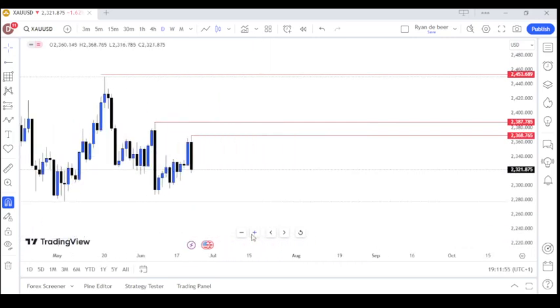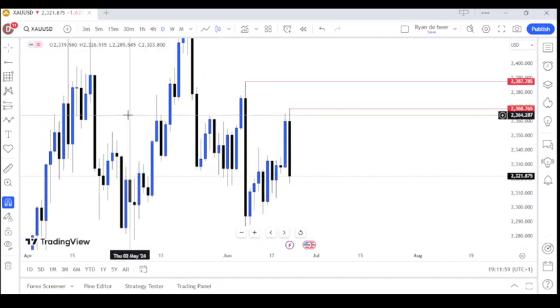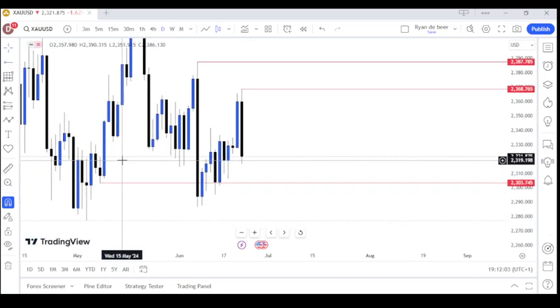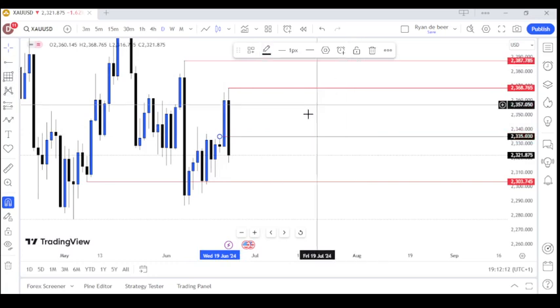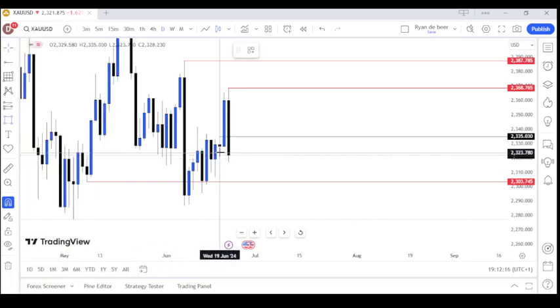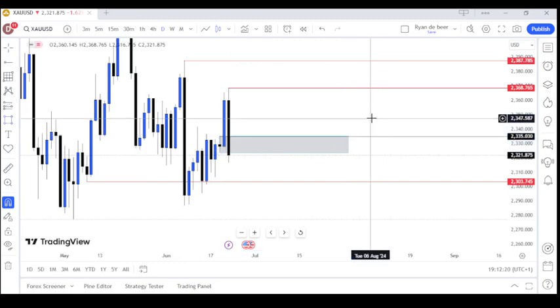Okay. We did sweep out this liquidity, and also we broke structure towards the upside on the daily time frame right there. Okay, got this daily bullish order block.